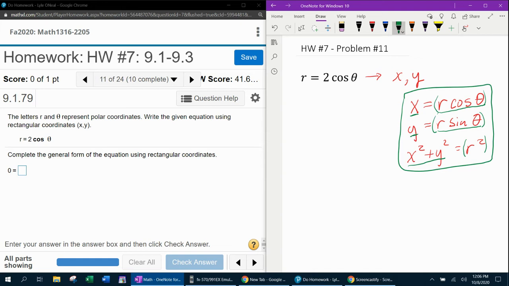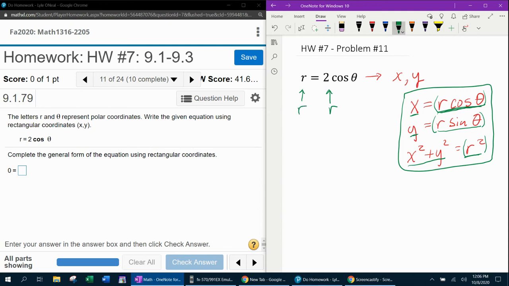So looking at our equation, I notice that I've got 2 cosine theta. What I'm missing is an r. I really would like there to be an r in front of that cosine theta so that it would look like this formula, r cosine theta. I also notice on the other side that that is r, and I would really like that to be r squared.